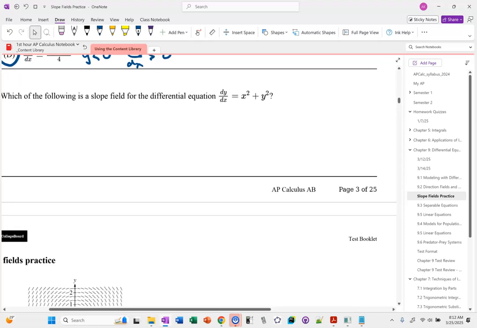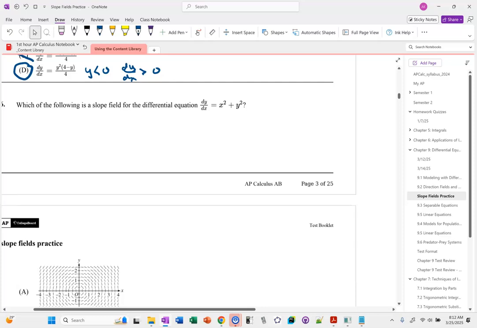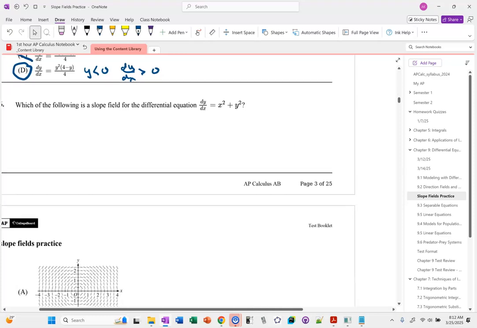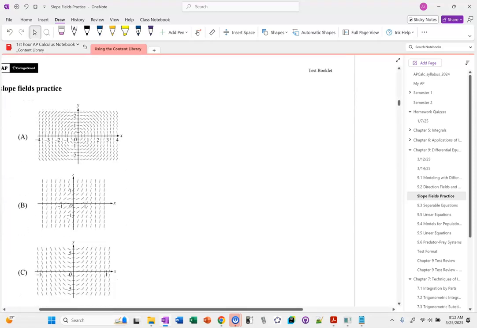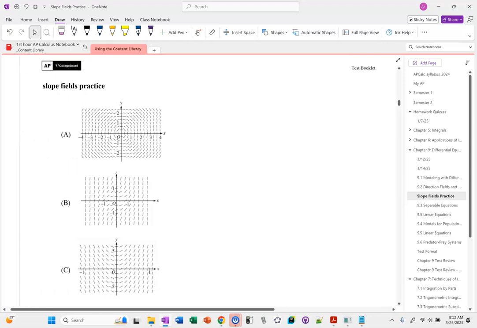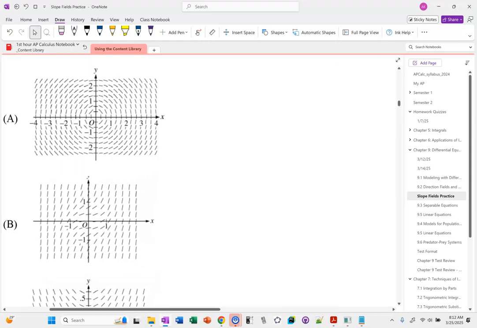All right. So here it says, which of the following is a slope field for the differential equation x squared plus y squared? So notice here, there are no equilibrium values, right? But what I also notice is that x squared plus y squared is always positive. So I'm going to look at my respective slope fields and eliminate any one where I see a negative slope anywhere.